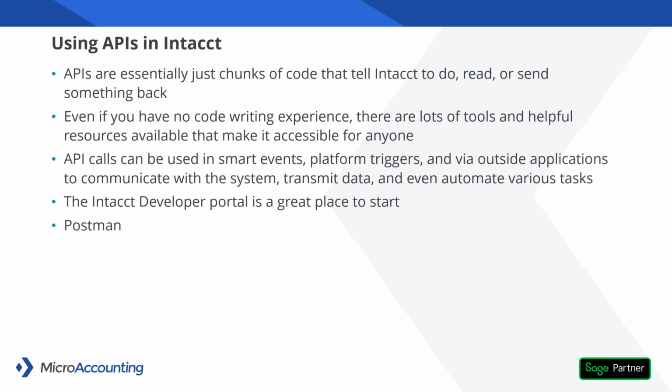With Intacct, a lot of the formulas for smart rules and smart events are a little more straightforward in terms of the syntax, because it's all contained within Intacct's wording. But as you get into the platform triggers and different API calls, that's when you run into more of the JavaScript setup and that kind of coding that you have to use to evaluate things.